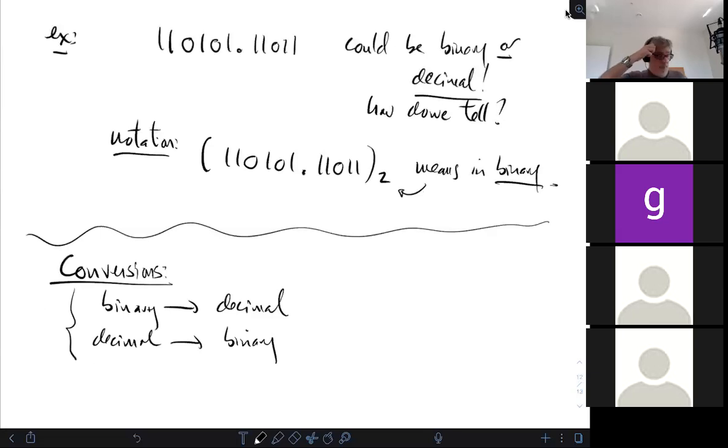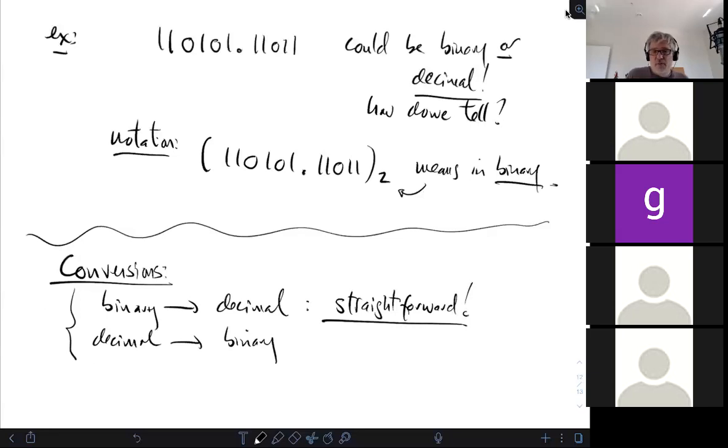Okay. Binary to decimal, if you think about it just a few seconds, you'll say, wait, isn't that what we've just done? And yes. So this one is straightforward.